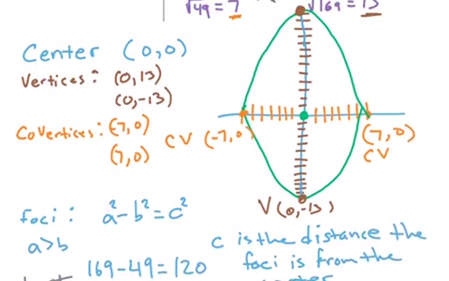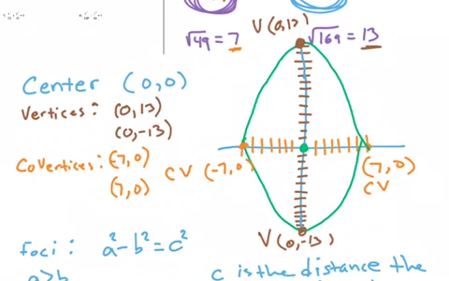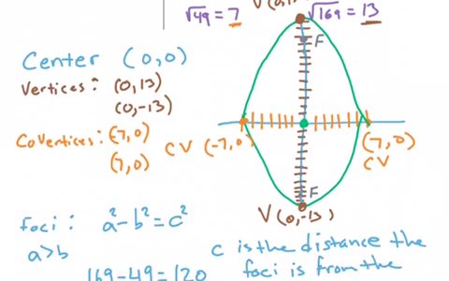So now that I know that, I can pinpoint exactly where this is. So 1, 2, 3, 4, 5, 6, 7, 8, 9, 10, and a little bit. So there we'll put F, and we'll do the same thing here. 1, 2, 3, 4, 5, 6, 7, 8, 9, 10, and a little bit, and there's F.